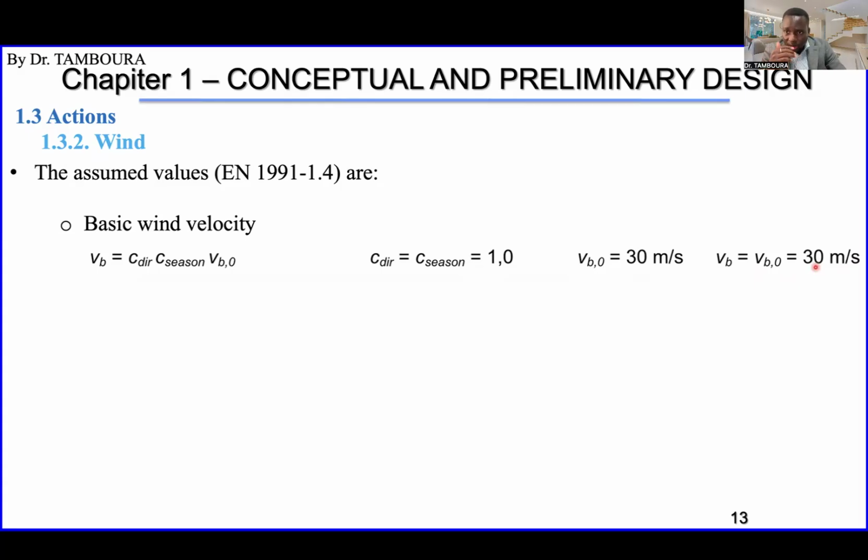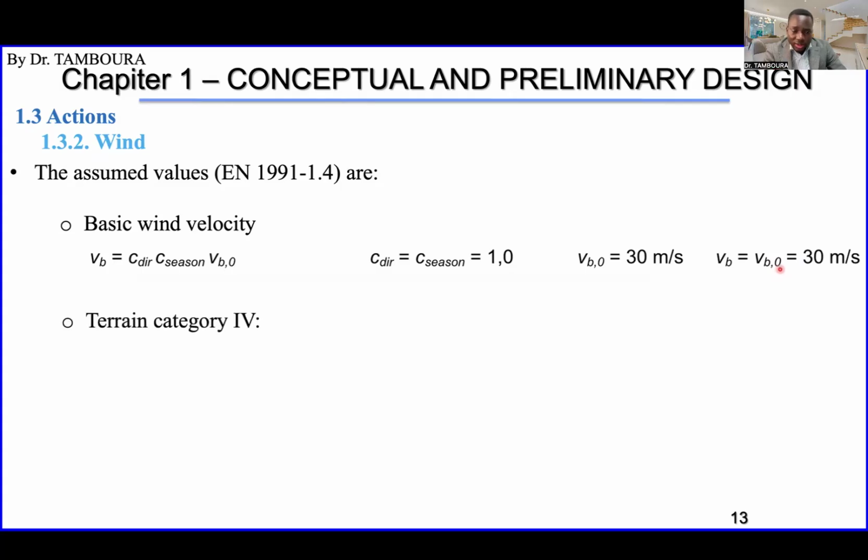If it is another category, it is different, but these values are given by Eurocode 1. If your case is not in the same category of area, you may have different values. In this case, it's an urban area, so the basic wind velocity is this.